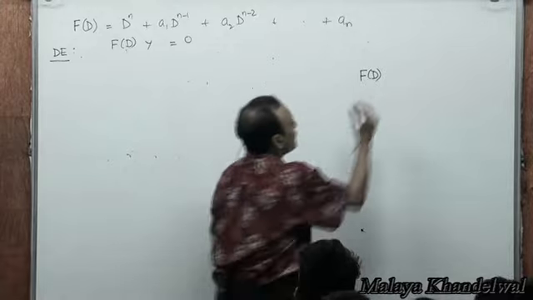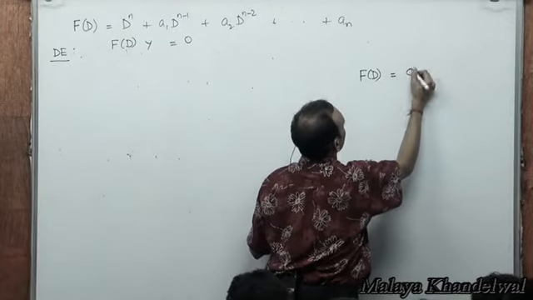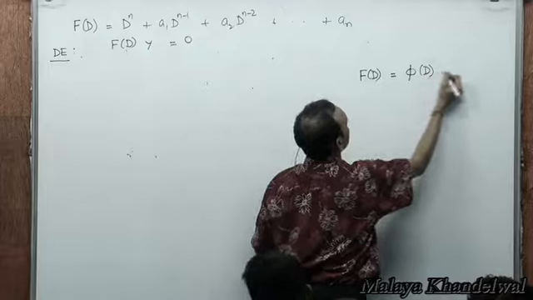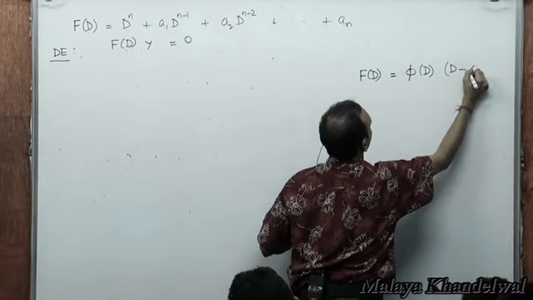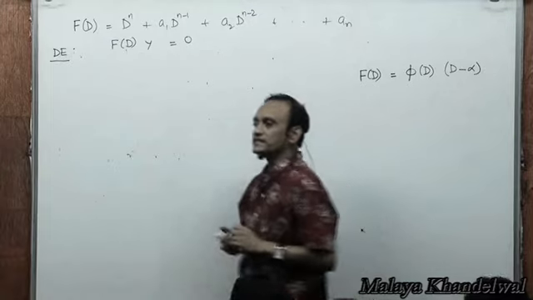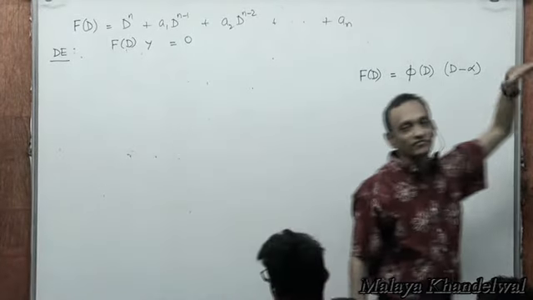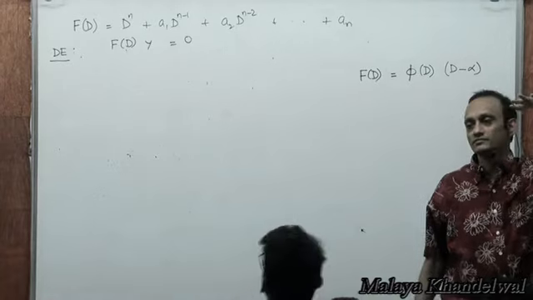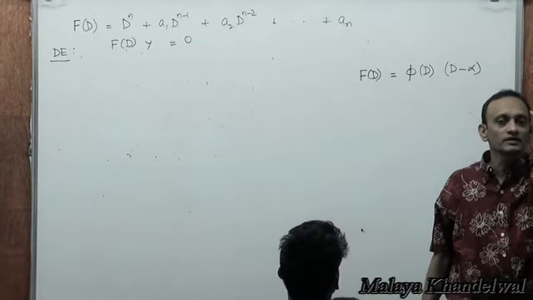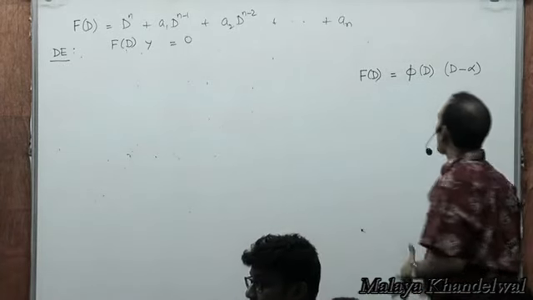So f(D) can be written as some phi(D) into (D minus alpha). Yes or no?